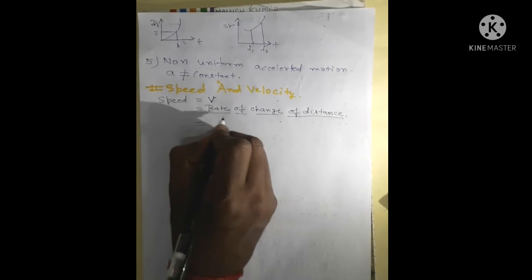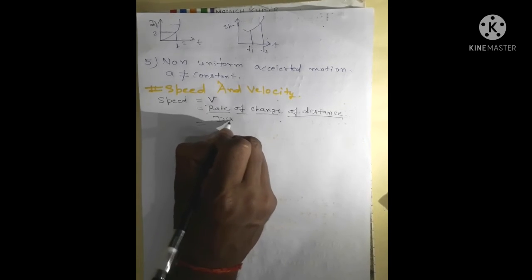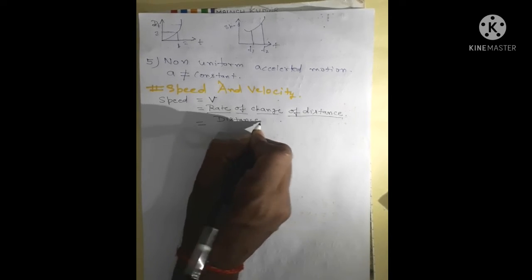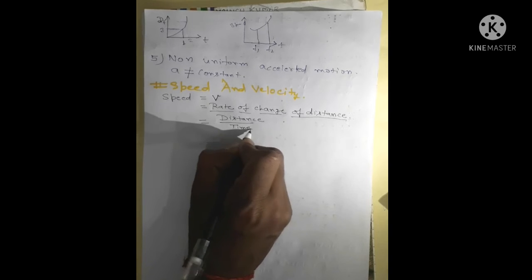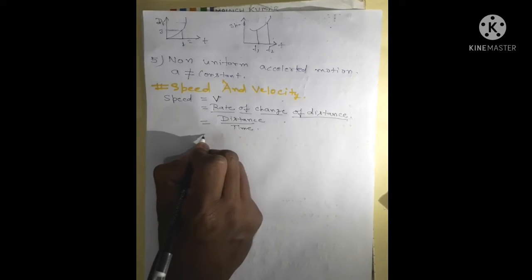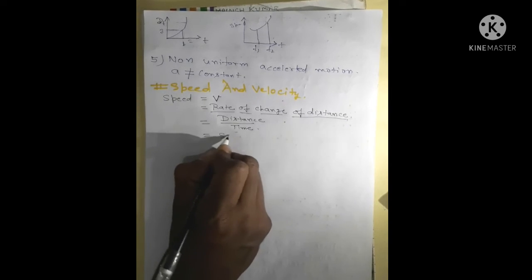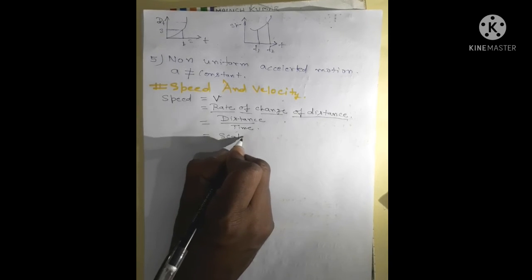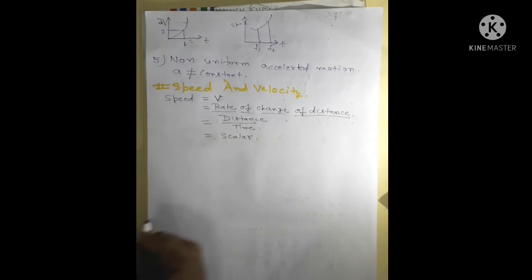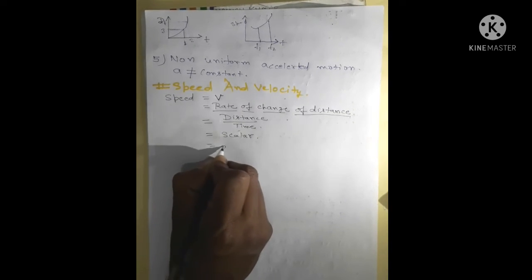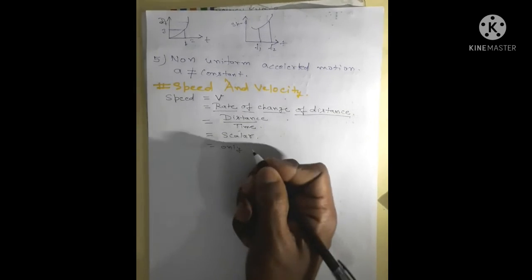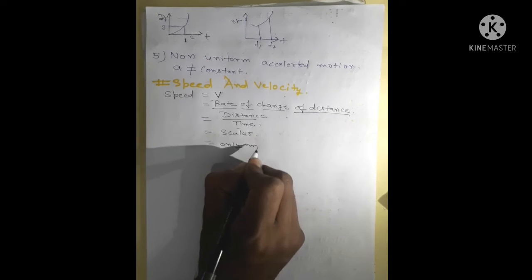Speed is equal to distance by time. Speed is a scalar quantity, meaning it has only magnitude, no direction.